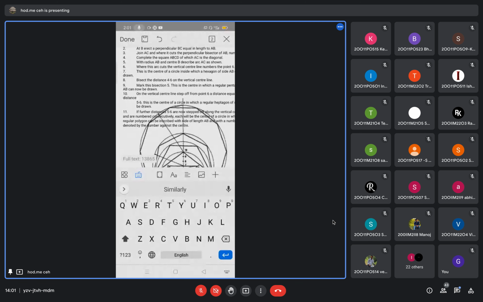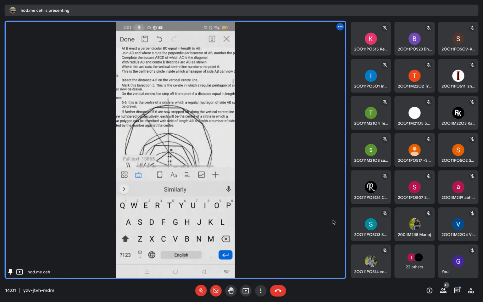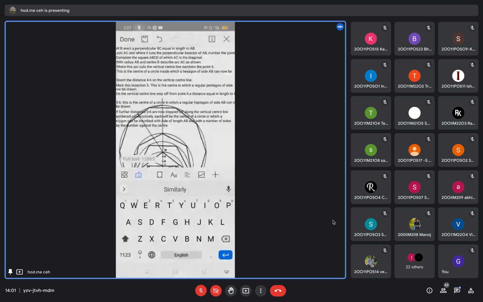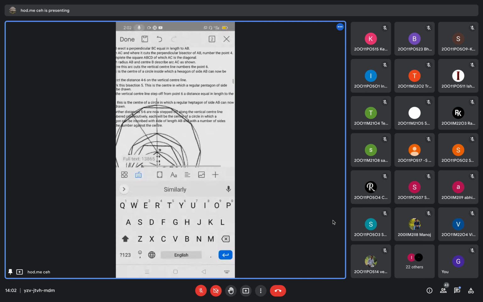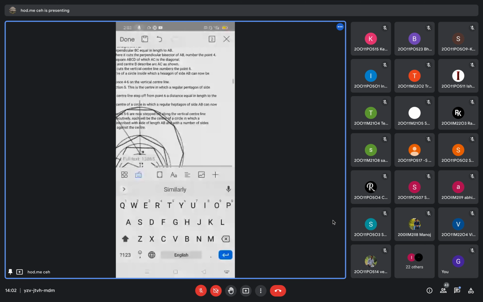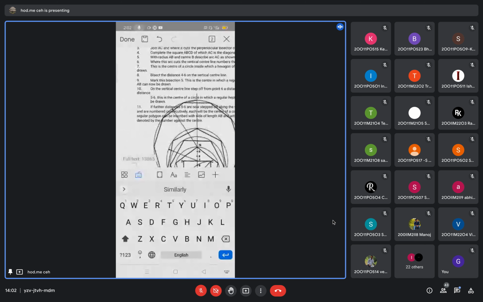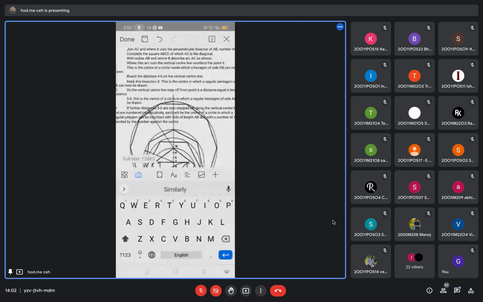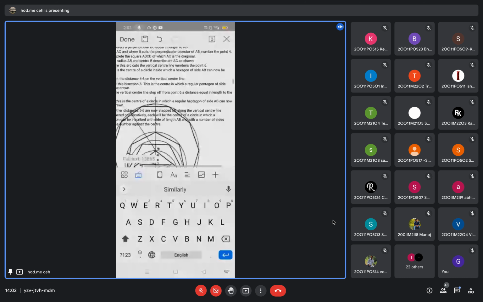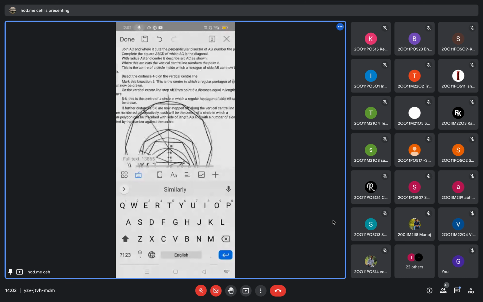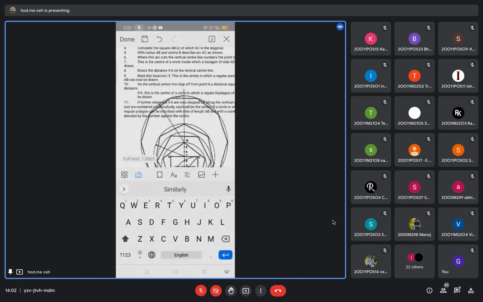On the vertical center line, step off from the point 6 a distance equal to the length. Okay, see the 5 6, this is the center of the circle in which the regular heptagon on the side AB can now be drawn. Okay, see this heptagon when we draw the circle.